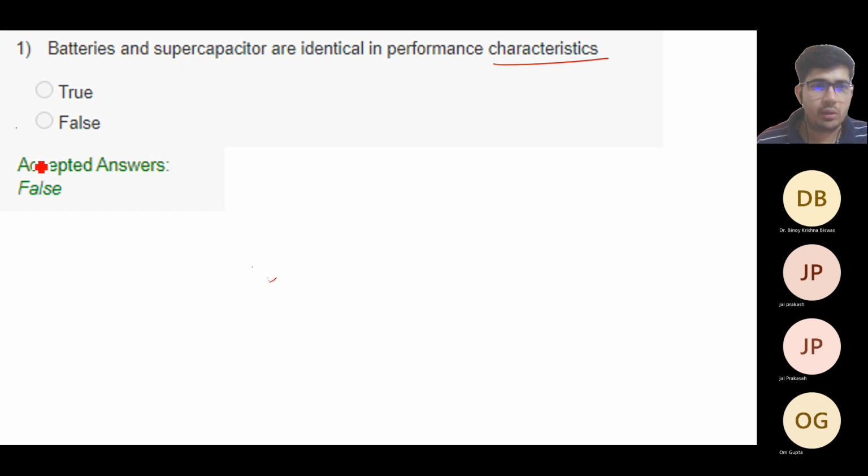So it's false, because we have seen in our slides that batteries have very high specific energy capacity compared to supercapacitors. Supercapacitors have medium specific energy capacity, but also have high power capacity, opposite to the batteries. So it is false.